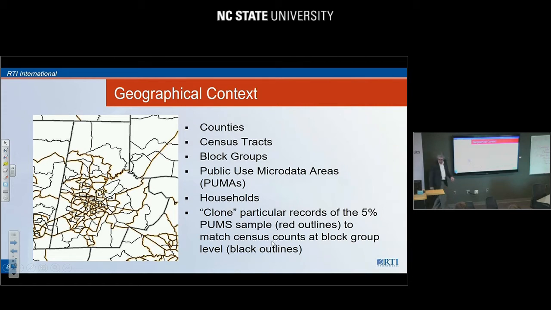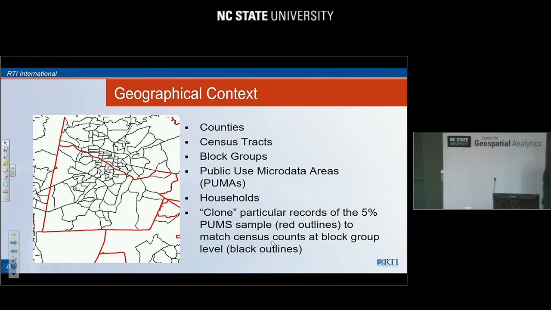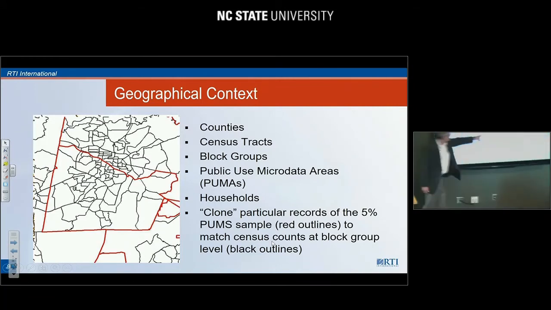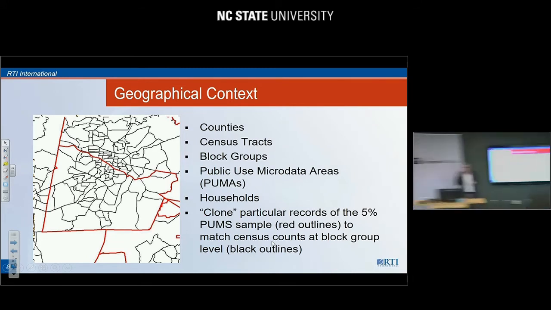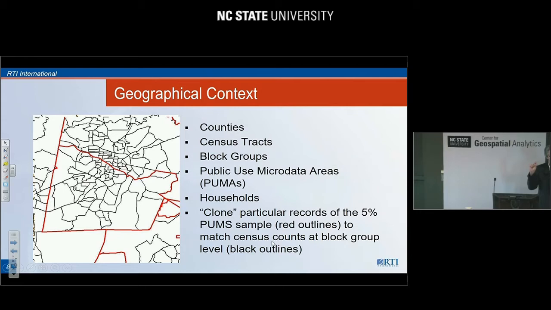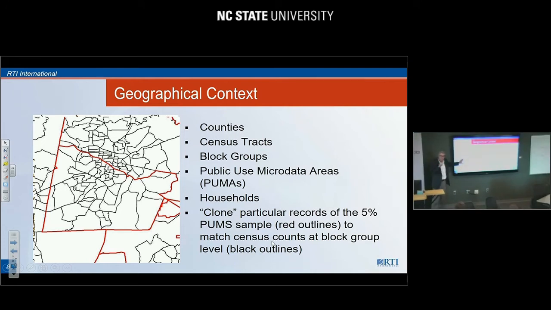And then you have what are called public use microdata areas. These are the regions for which the Census Bureau supplies this 5% microdata sample. Okay, so they're areas with about 100,000 people in them. And I can get from the Census Bureau 5% of the actual responses to the ACS for this area.